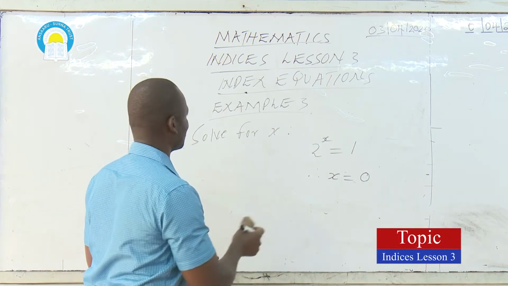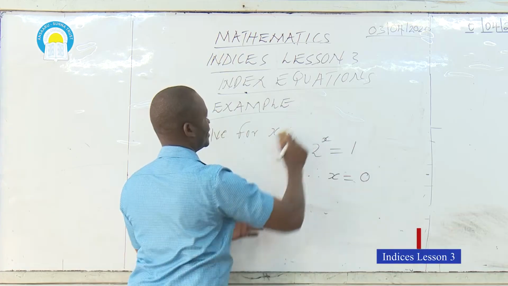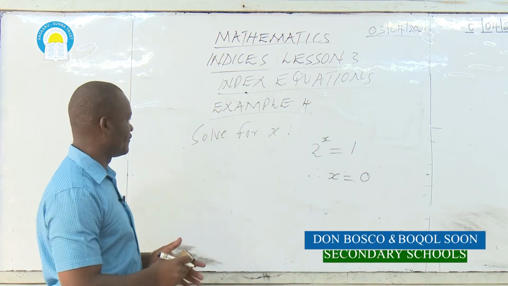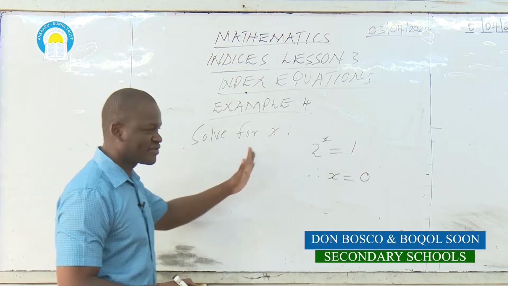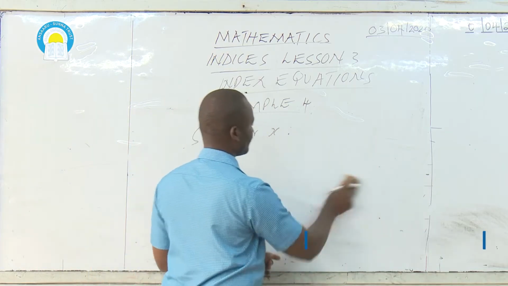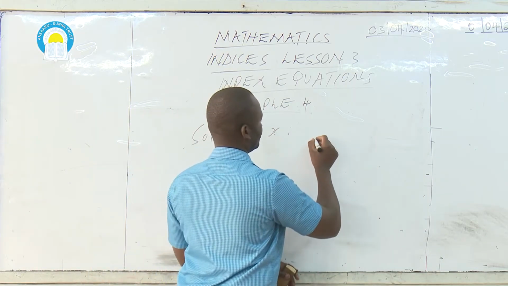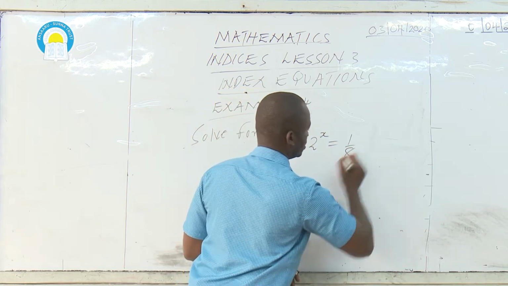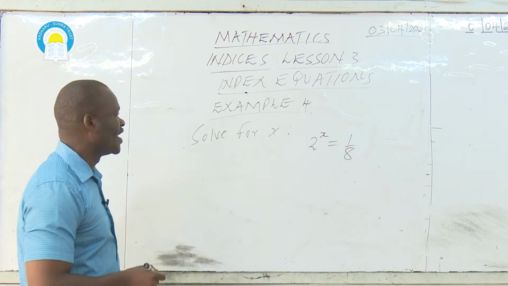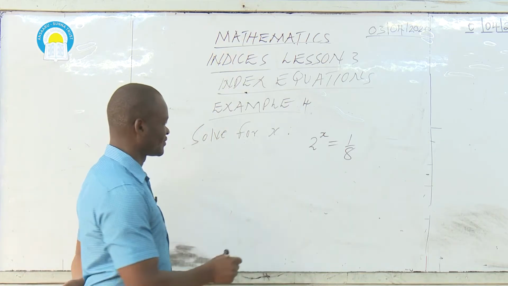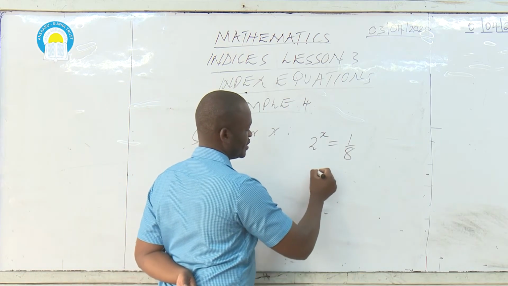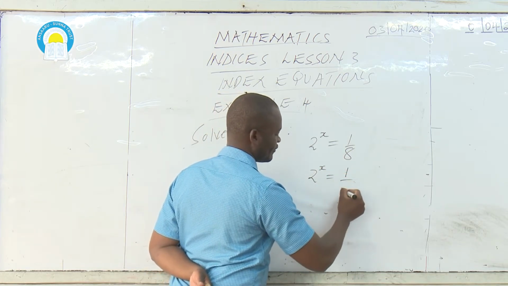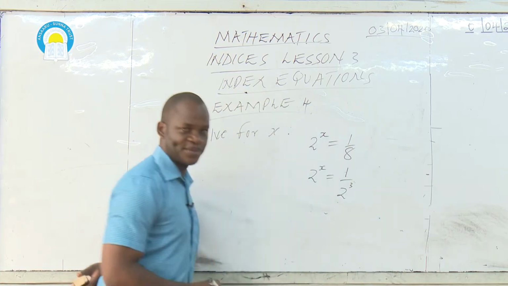We quickly try to exhaust other equations. We have example number 4. Again, solve for x. This time, this is the equation: 2 power x is equal to 1 over 8. So here, first of all, I will have 2 power x being equal to 1 over 2 power 3.